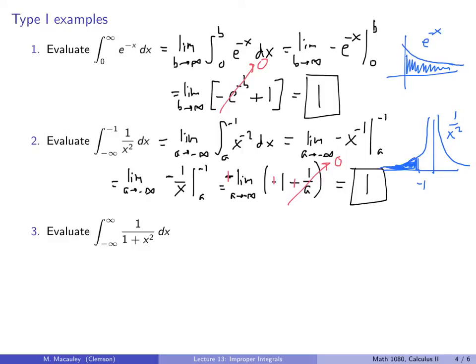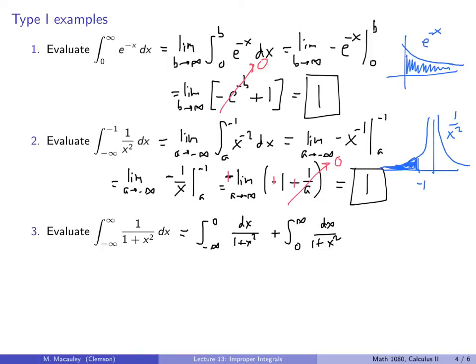Let's just pick 0, because that's halfway in the middle in some sense, in some sense not. So this is the integral from negative infinity to 0 of dx over 1 plus x squared plus the integral from 0 to infinity of dx over 1 plus x squared.